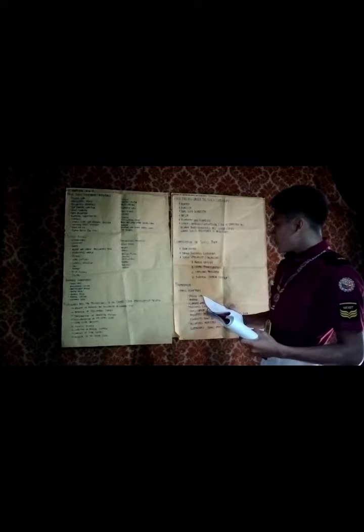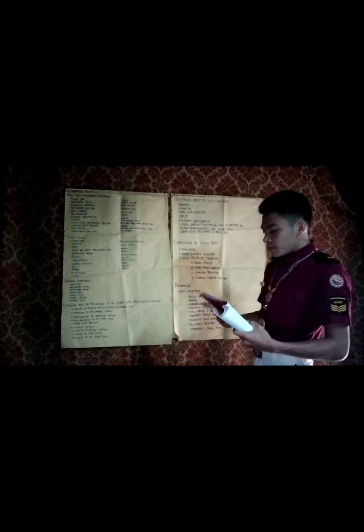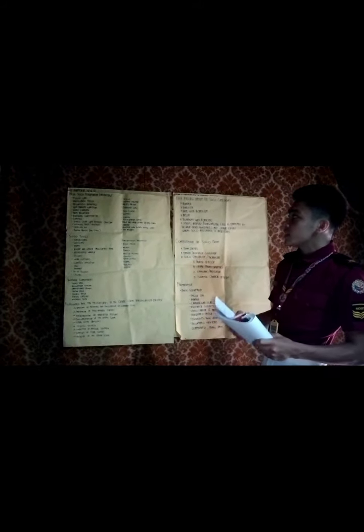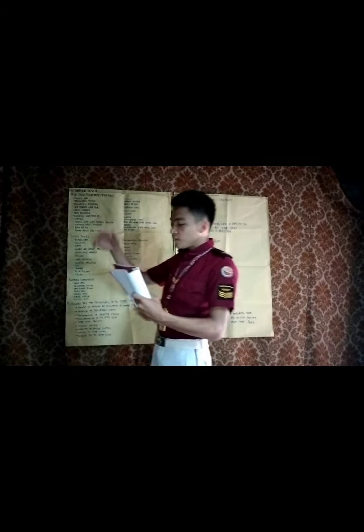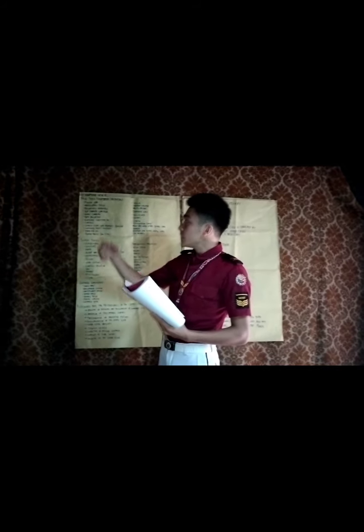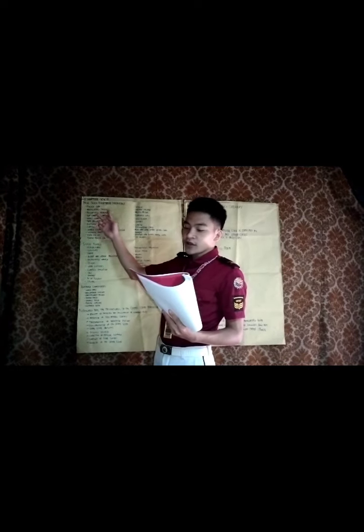So, basic SOCO equipment materials. The first is the police line. Next is the measuring device, for example ruler and measuring tape.